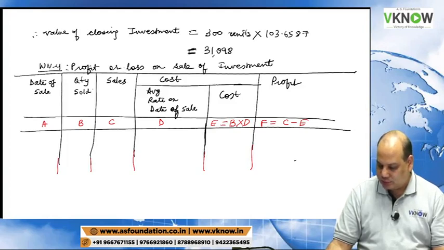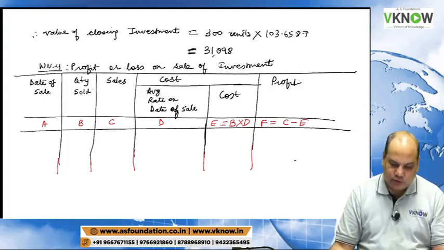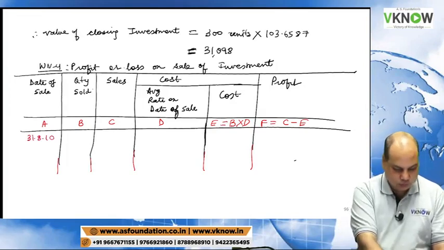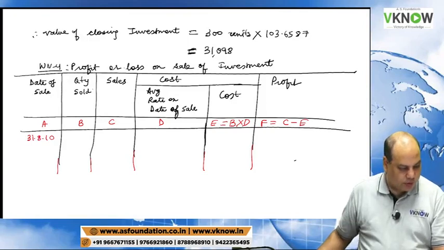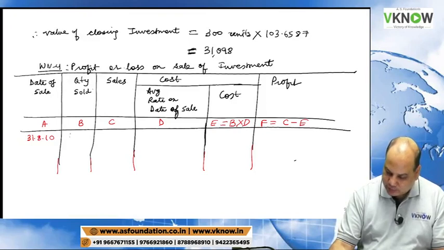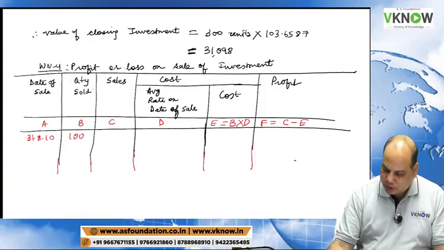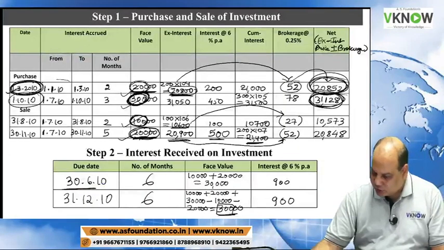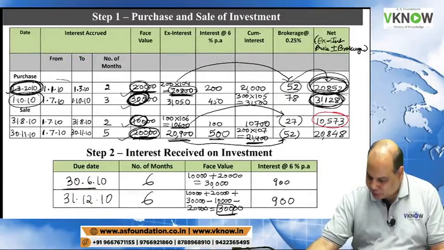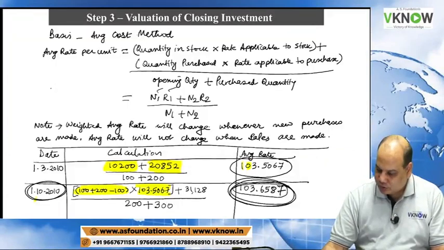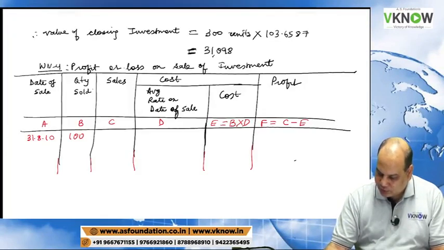Date of sale. There are two dates of sale in this question. One is 31/8/10. The quantity sold is 100. Sale value we will take from working note 1, this figure, 10,573.